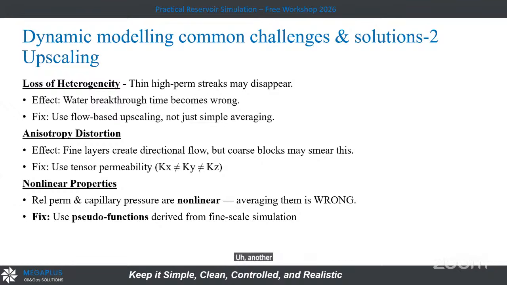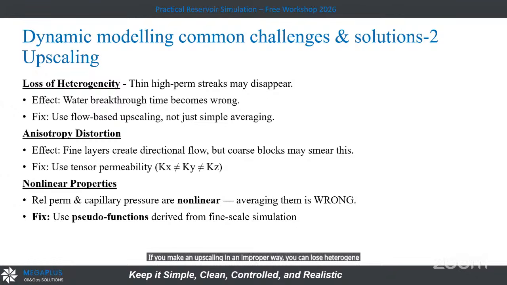Another thing in the upscaling, I mentioned this the first day. Do not forget, our role is to minimize the number of cells as much as you can, but do not forget the heterogeneity of the model. So if you make an upscaling in an improper way, you can lose heterogeneity.